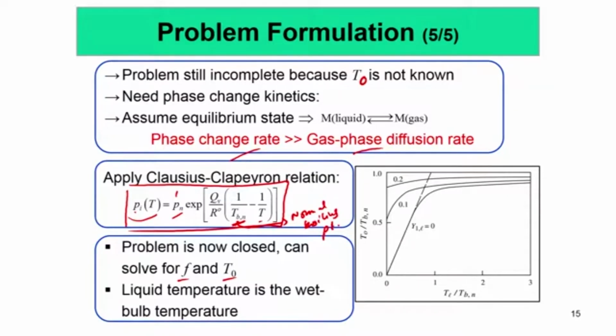So this is very important, and we are now in a position to tackle the more practical problem of droplet evaporation, where the droplet can contain water or a liquid fuel.